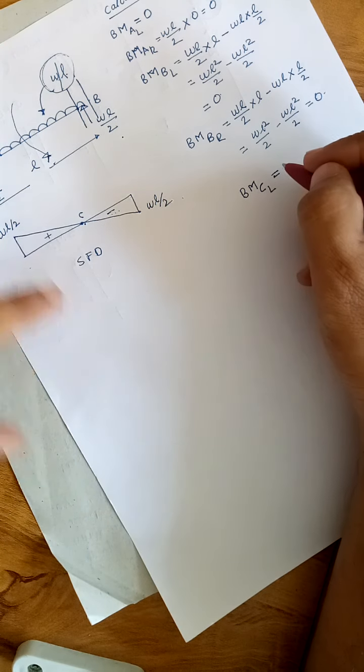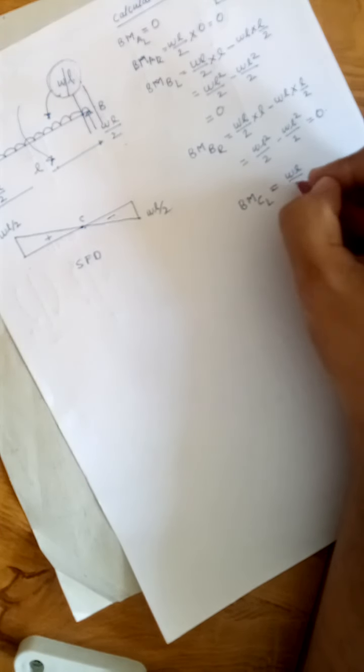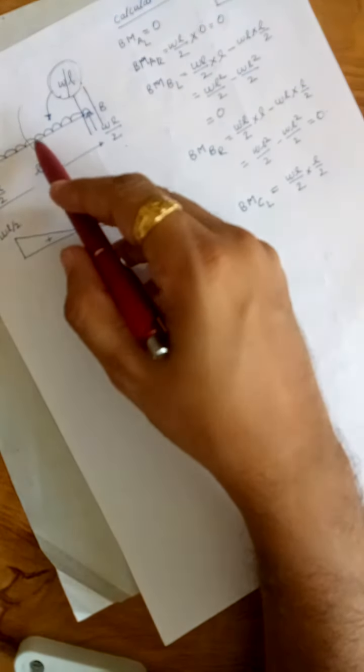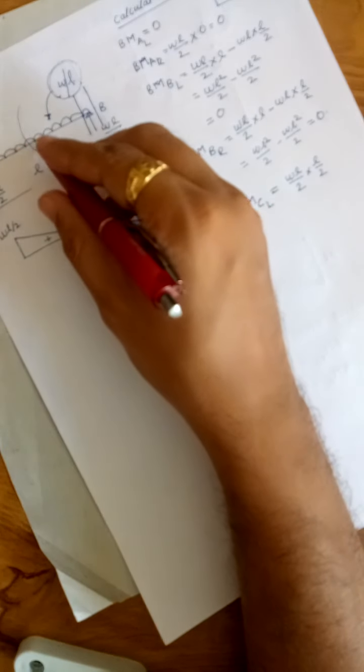How can we calculate it? It is the reaction in the upward direction, WL by 2, causing rotation in a clockwise direction, so it will be positive: WL by 2 multiplied by L by 2. Minus, we are taking the bending moment at this point.